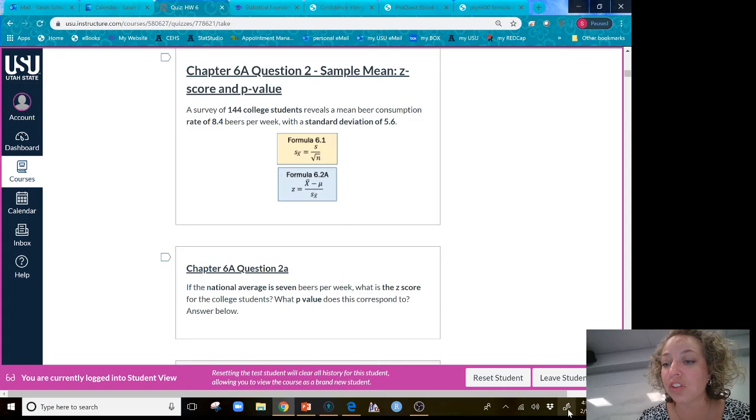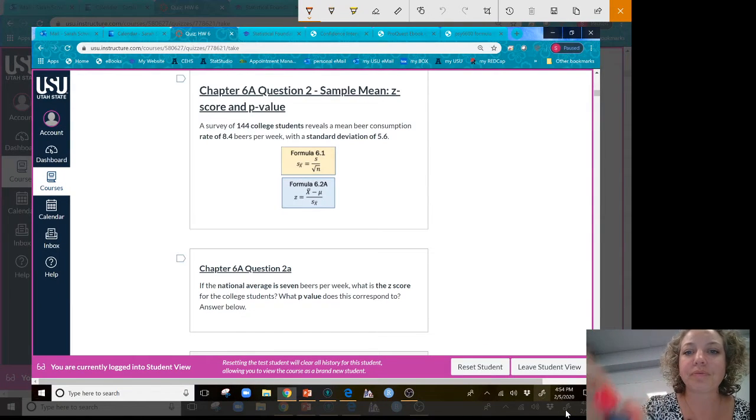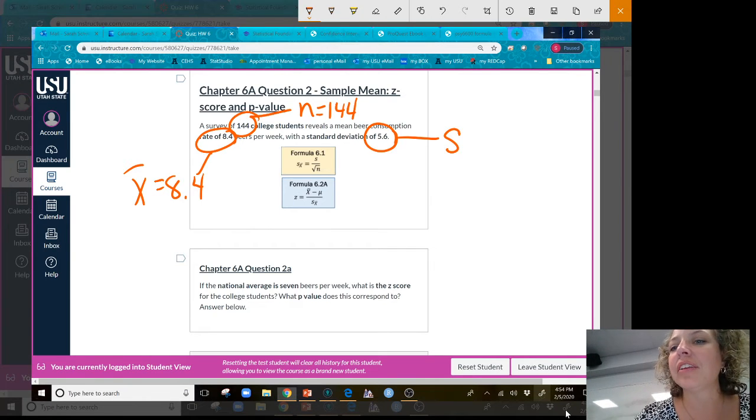Okay, so this is why this is good. I want to go over this. Yeah. That's what got me confused. Okay. So N is 144. X bar is 8.4. This S, little s, is the same thing as little s with a plain x.